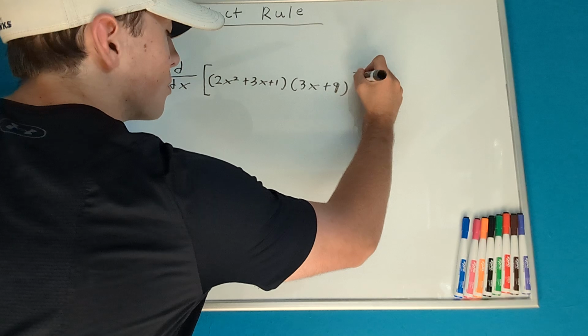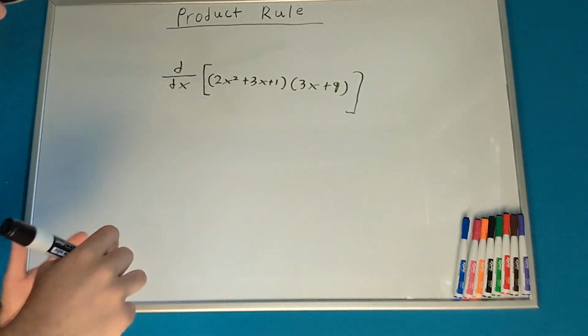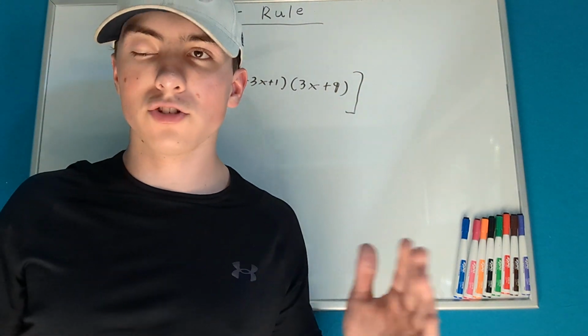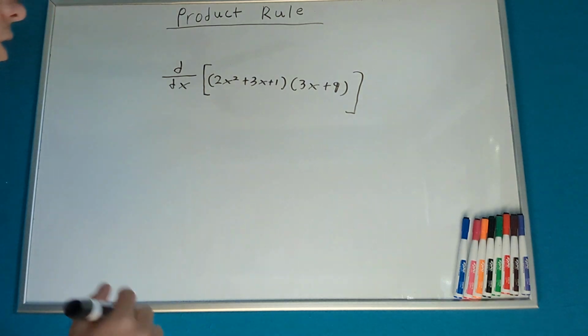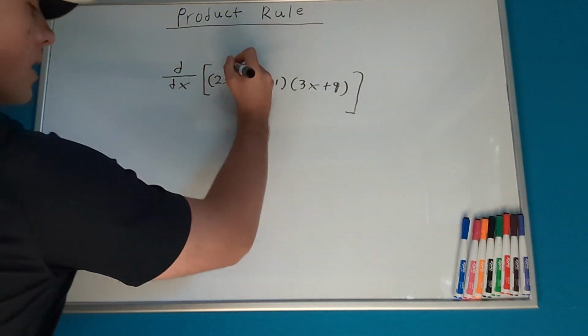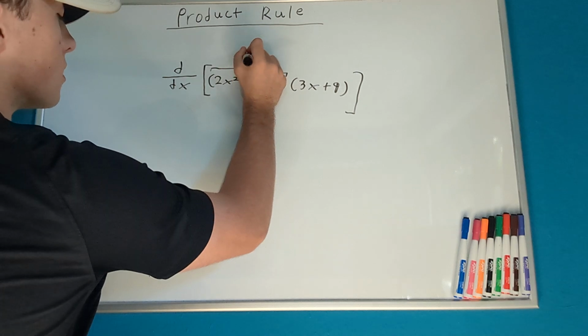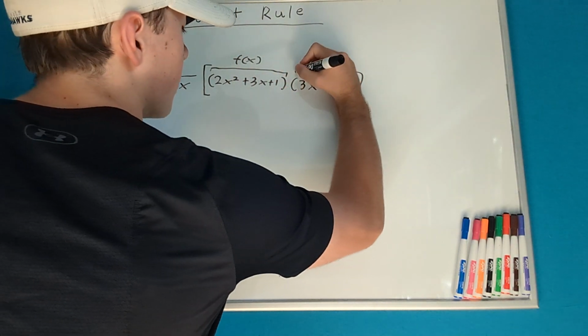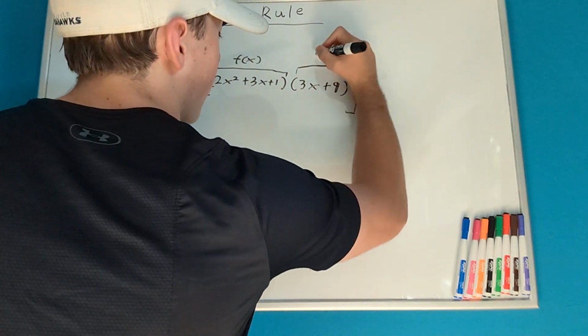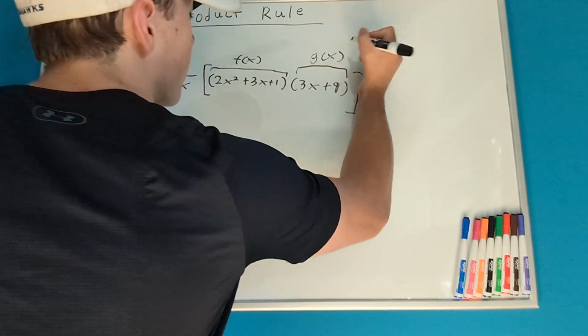Now you could multiply this whole thing out, but I think it'd be a lot more convenient for us just to use the product rule. So how can we do this? Well, this thing right here is going to be our f of x, and this thing right here is going to be our g of x.